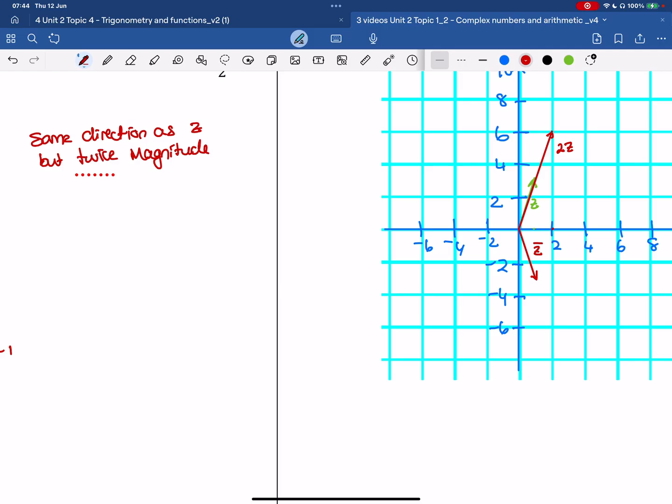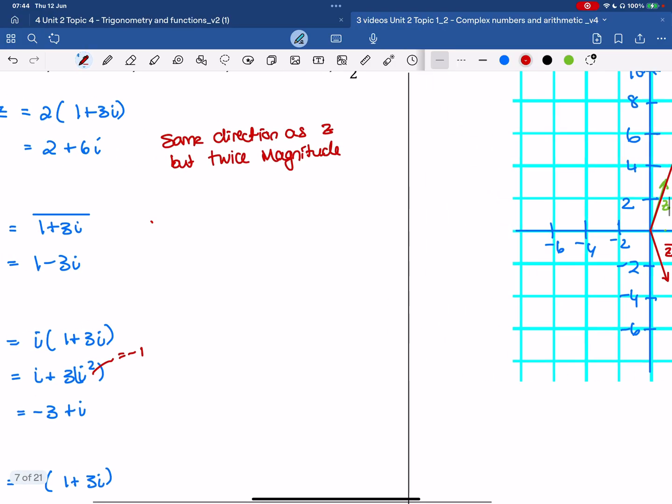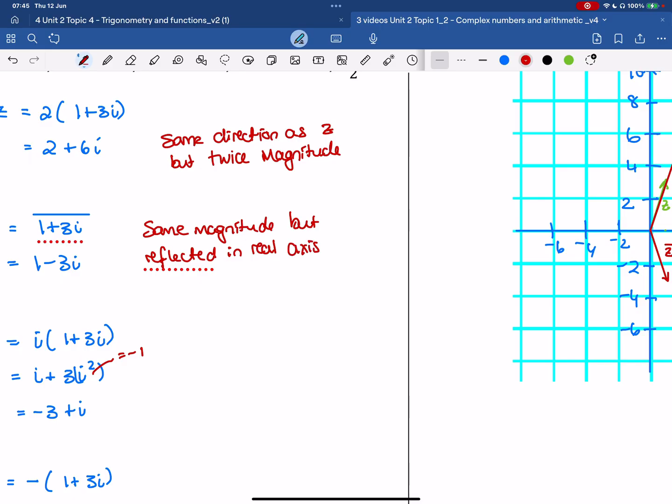So it is reflected about my real axis, but my magnitude is the same. So same magnitude, but reflected in the real axis.